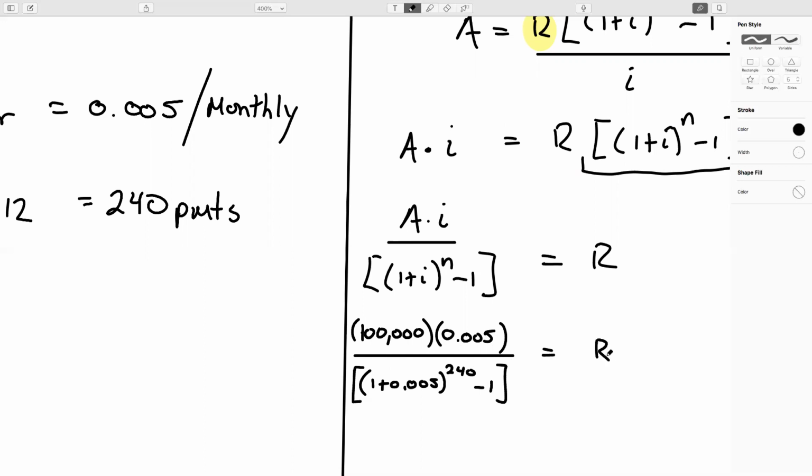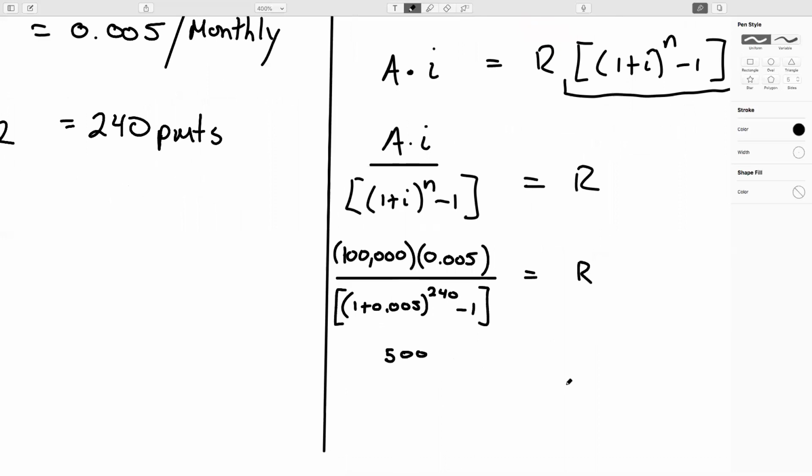I think I'll do it in 2. So 100,000 times 0.005 is 500, divided by 1.005 to the power 240 minus 1. Make sure you put your whole denominator in brackets.